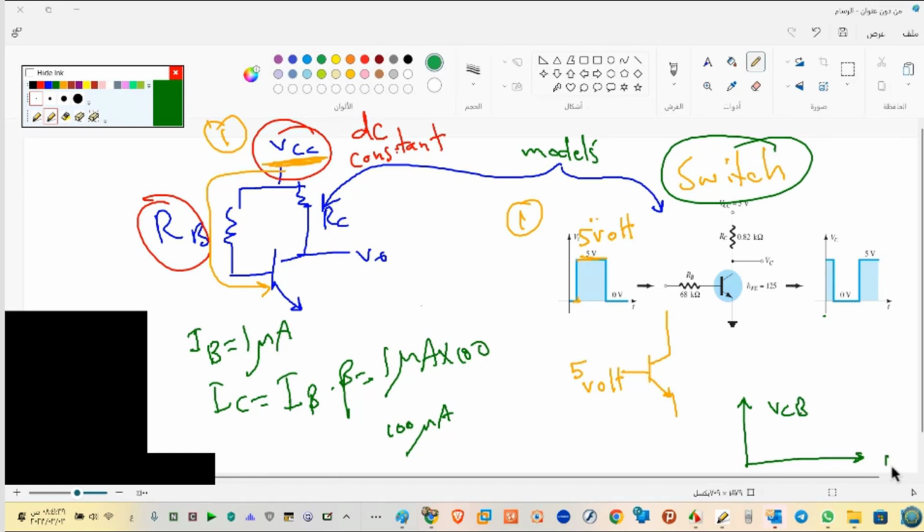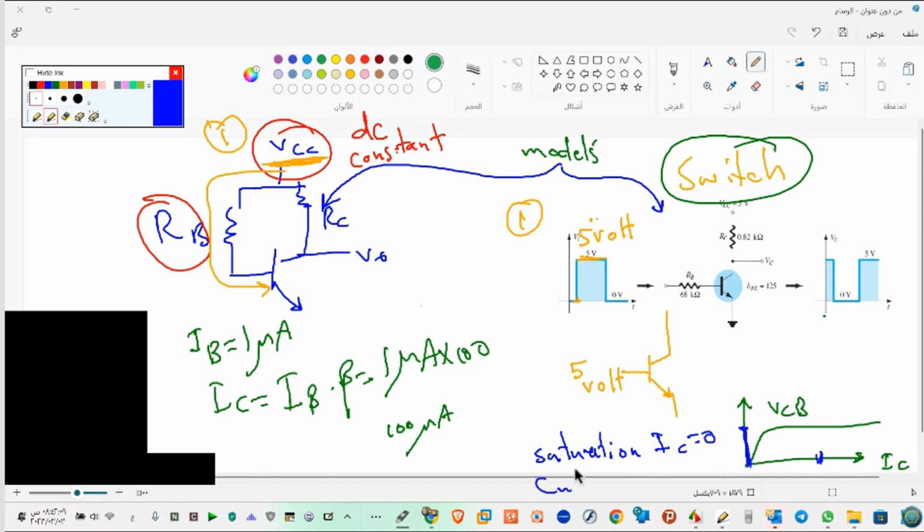If I return back to the previous graph, VCB, IC, and this is the graph. In saturation here, and this is cutoff. See, what about IC? In saturation, IC equals 0 from this graph.